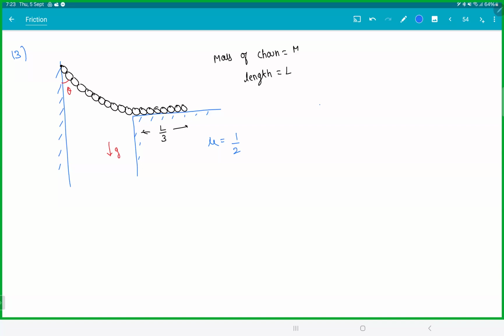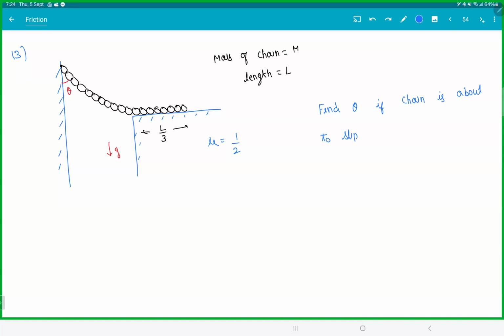For the chain, find theta if the chain is about to slip, meaning with a little disturbance, this chain will become loose. The chain on the table will slip. Is the diagram clear?